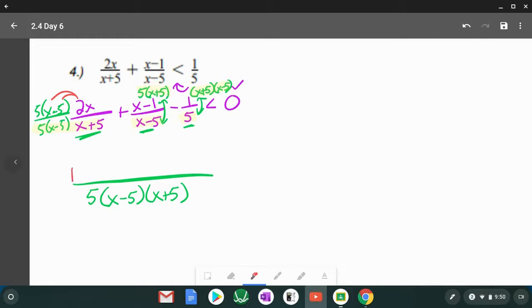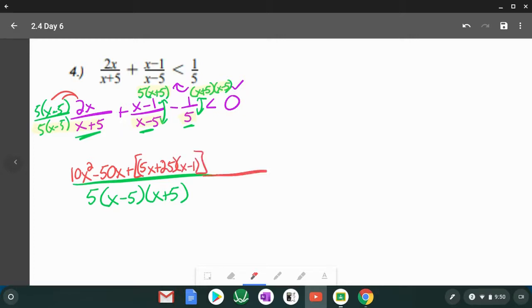So we have 10x squared minus 10, minus 50x. And then we have plus 5x plus 25 times x minus 1. We're going to have to FOIL that out in a minute.